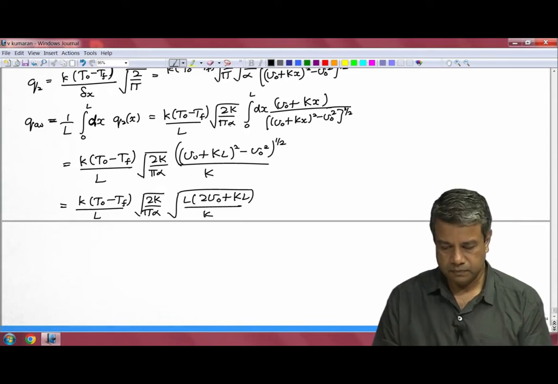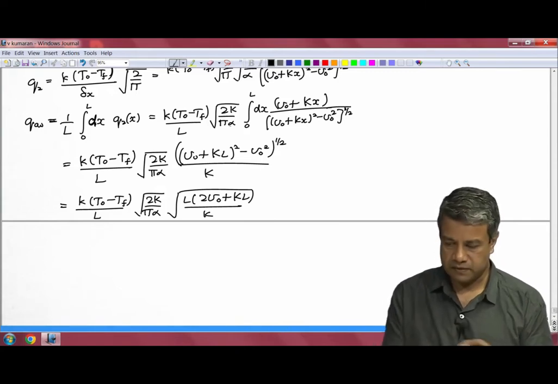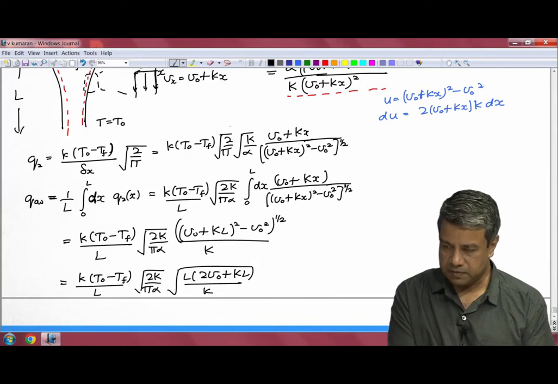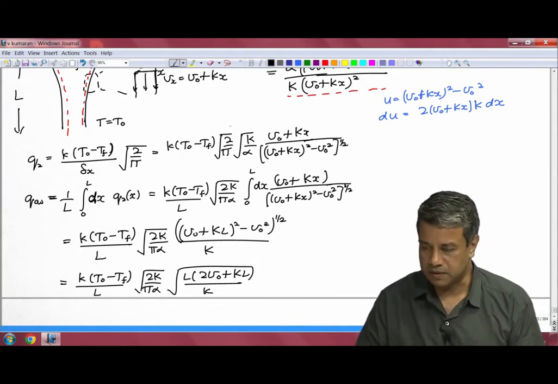So, this is the expression for the average flux. I have skipped a few steps here, but you should be able to do it quite easily.